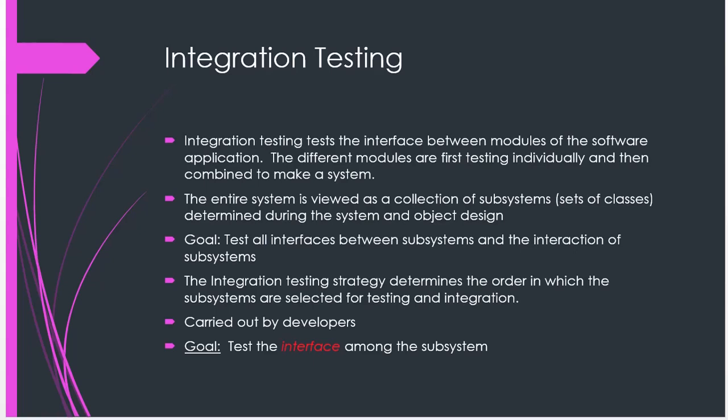So with integration tests, we are looking at the interface between various modules of your software application, and the entire system is basically a collection of subsystems, and we want to make sure that these subsystems are integrated properly, they're communicating well, they're exchanging the right amount of data, and they're producing the right results required. So this kind of testing is done by the developers to test the interfaces among the subsystems.